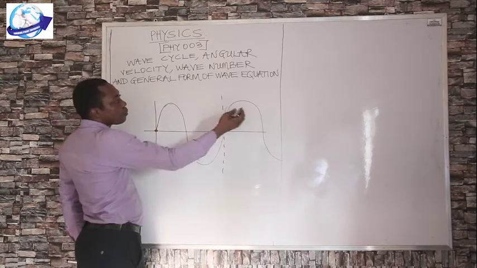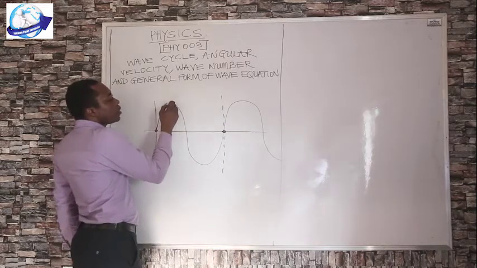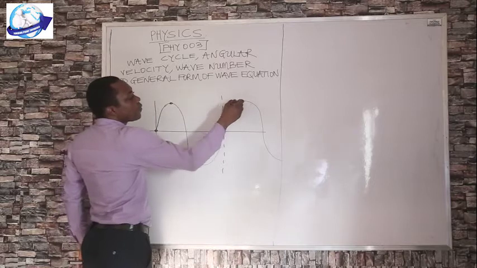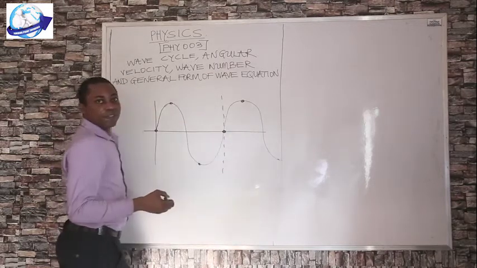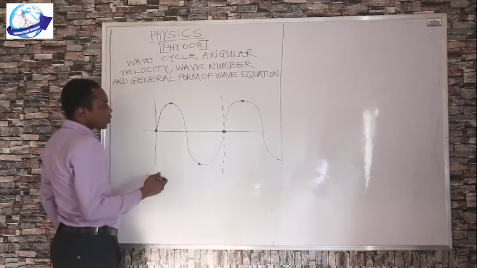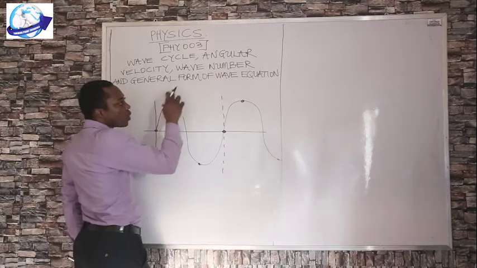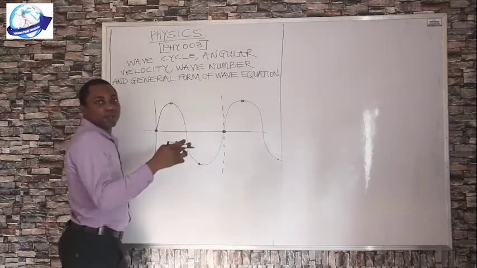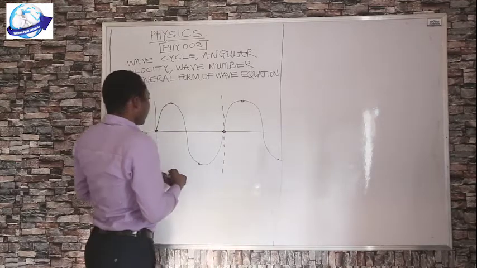The other 2 points that are in phase here, we have this from this crest to this crest, they are in phase. From the trough to the next trough here, they are in phase. And for this reason, we always know that moving from one point to another point that are in phase forms a wave cycle. Now, look at it very well.